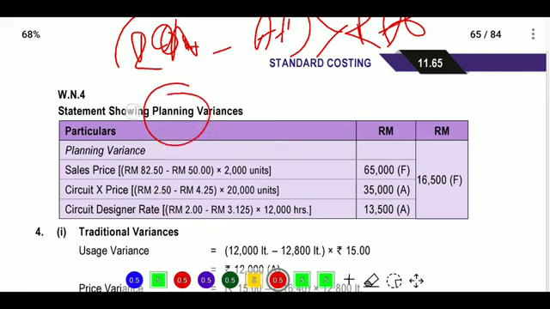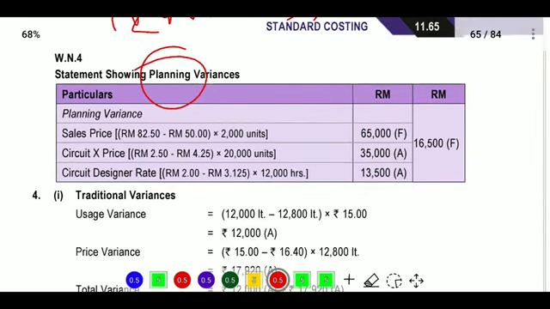Next, if you go for planning, we will take revised, budgeted and actual. So here we will consider the budgeted and actual. First one, sales price. What is the sales price? In case of revised actual price minus budgeted price, we will take the budgeted price.